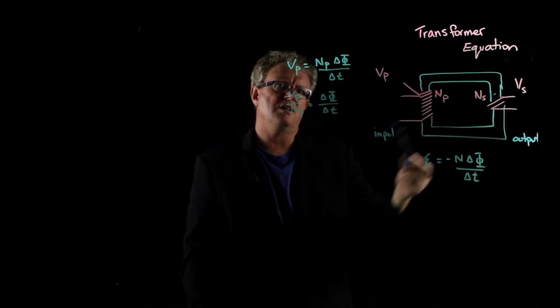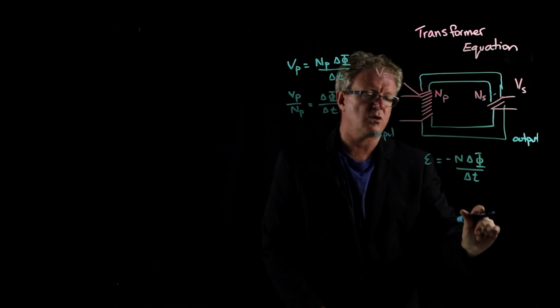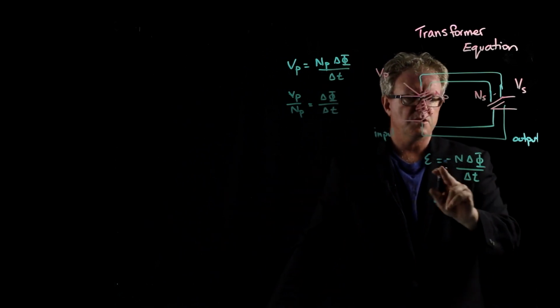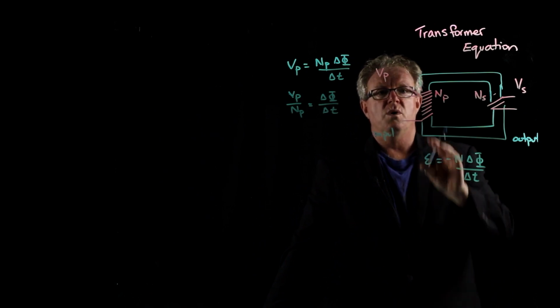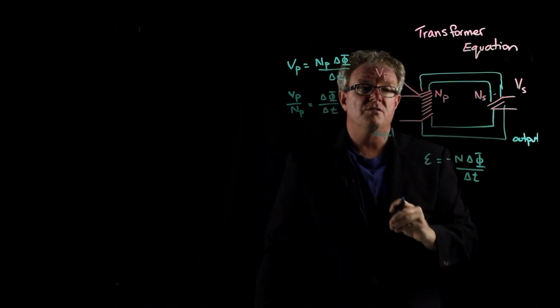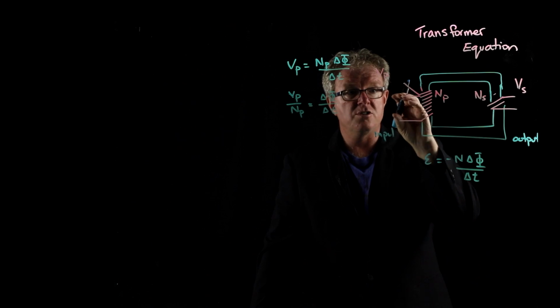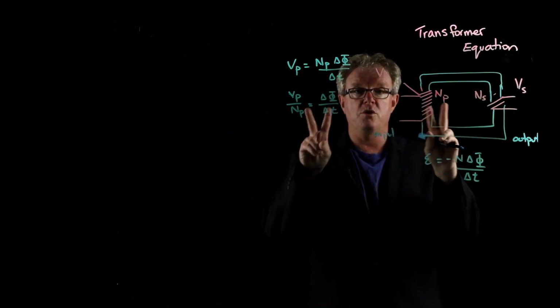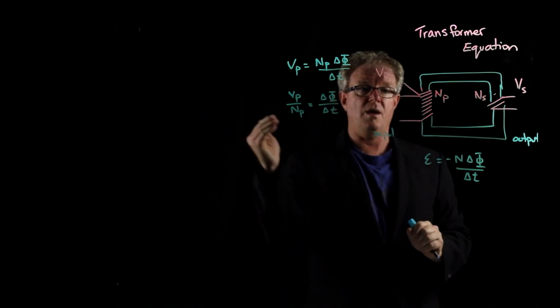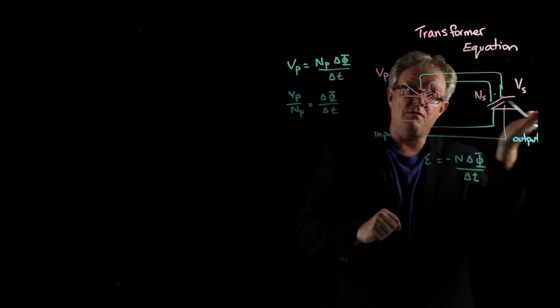If we do the same for our secondary coil, we've got the same electromagnetic induction happening over here. According to the law of conservation of energy, whatever energy goes into this coil has to equal the energy coming out here, and we're assuming it's an ideal transformer. So everything that goes in is equal to everything that comes out.